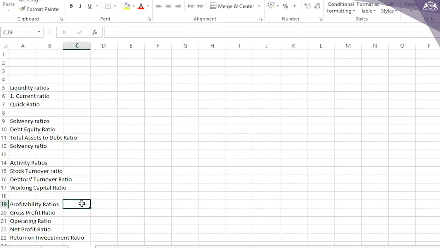Now, these are the ratios that we have covered.